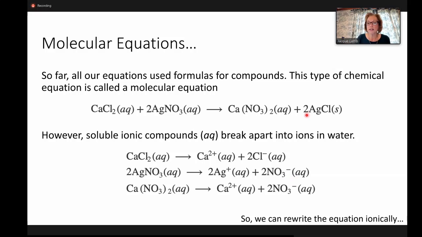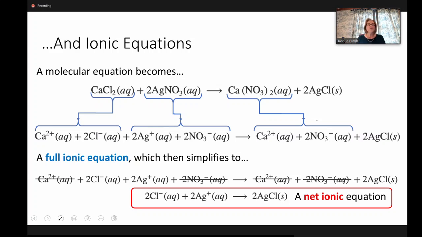Notice that the other product, silver chloride, is a solid. This is not separated into ions. It has to be written as a solid. So if we wanted to represent this equation and give a better picture, if we wanted to put on our molecular glasses and actually see what's going on in this solution, we would write this as an ionic formula. We would write these reactants and products in the state that they actually exist.